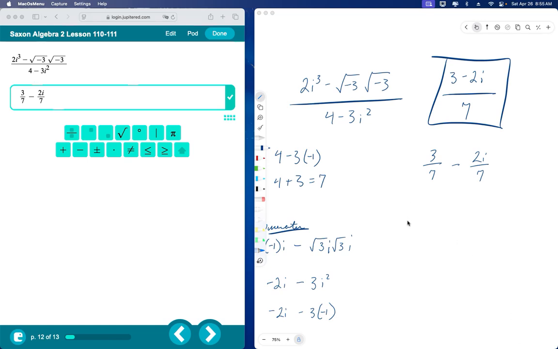Okay, so the answer key just had 2 over 7 with i to the side, which is the same thing as 2i over 7. You can always take a variable and move it to the side. We do that all the time with x and y. i can be done the same way. So I just added this as another acceptable answer, for the way students type it in.